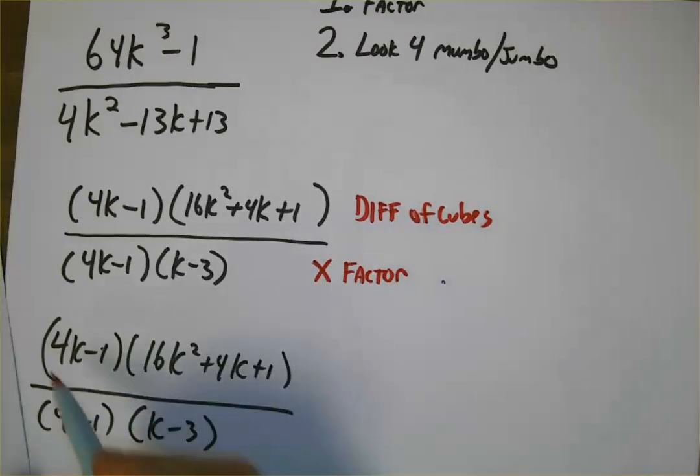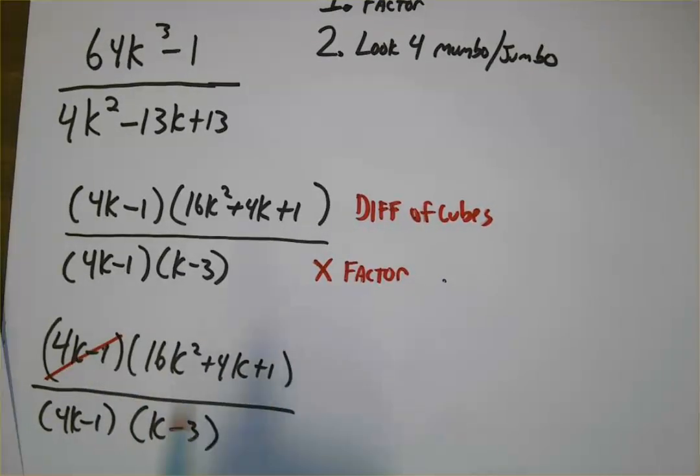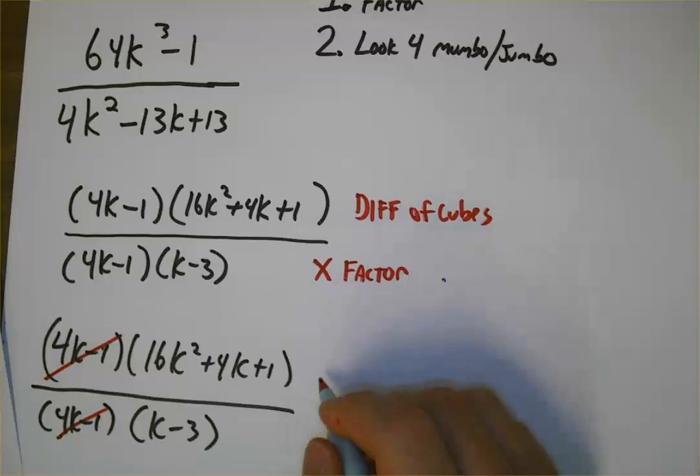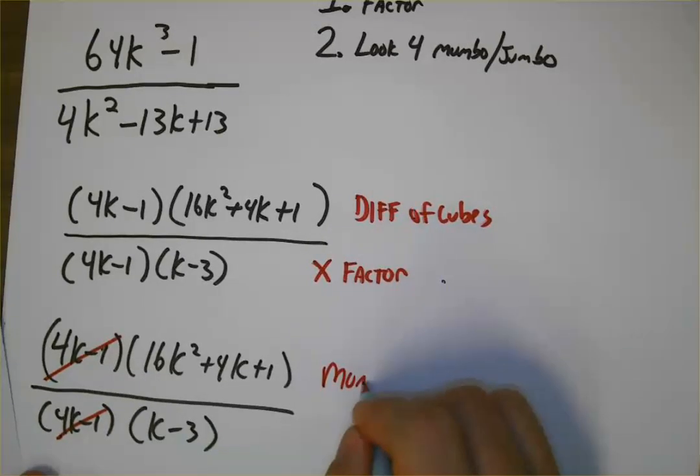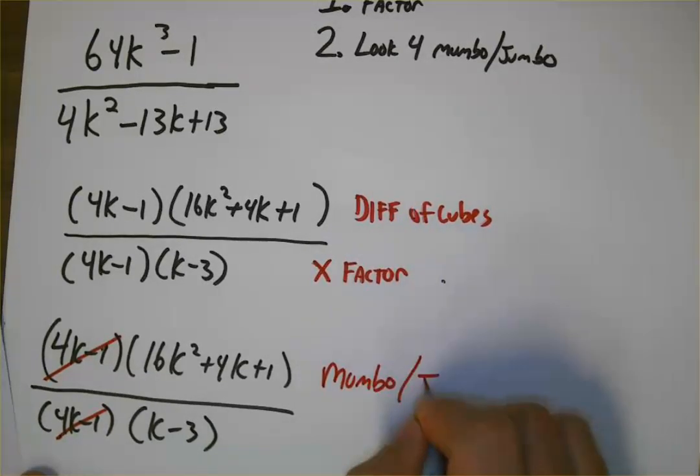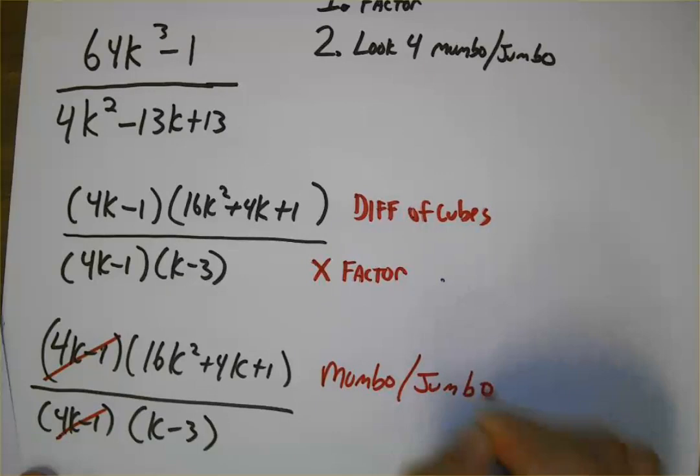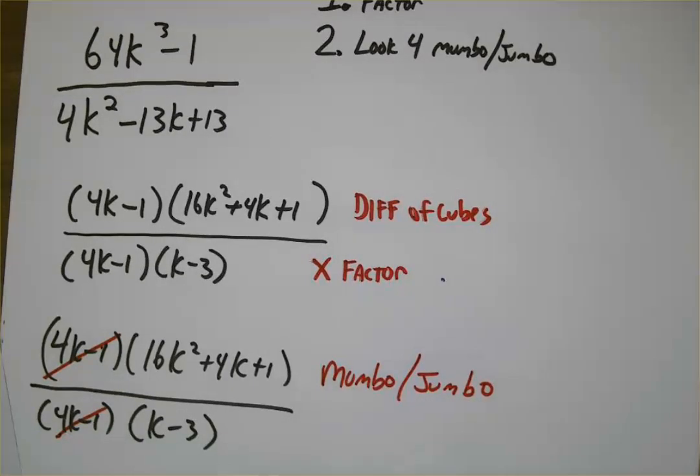You can see that the 4k minus 1 and the 4k minus 1 are mumbo jumbo. Make sense? So that's how you do those.